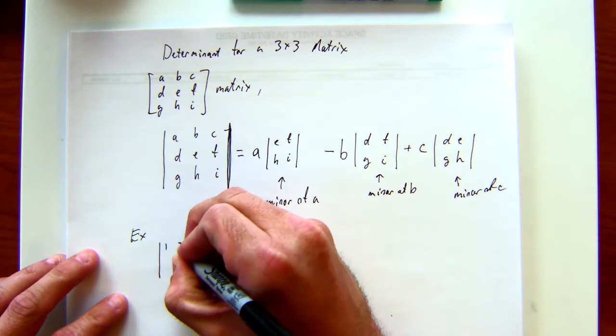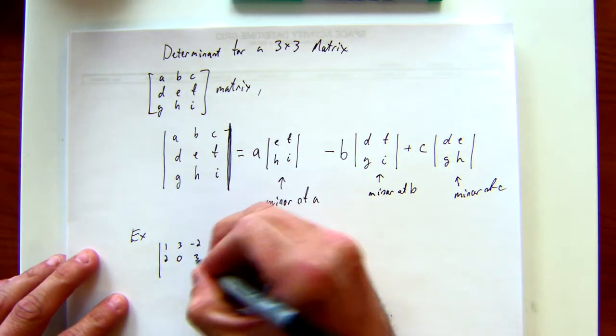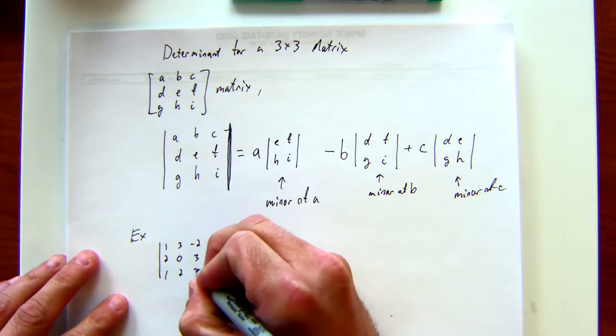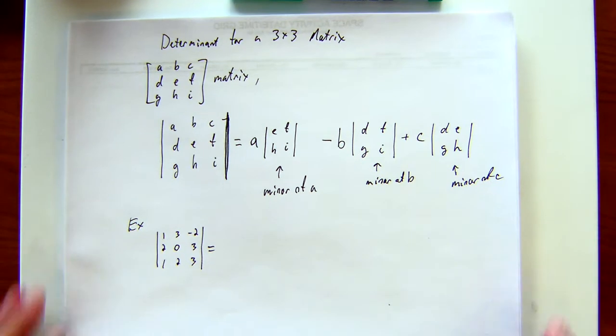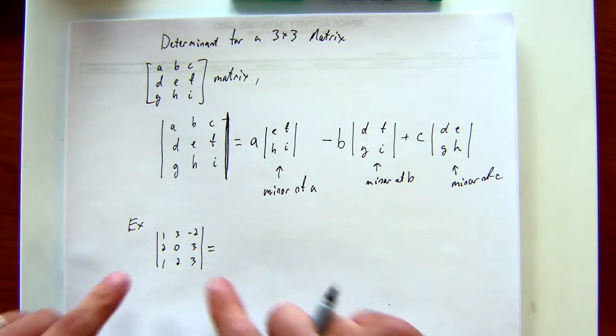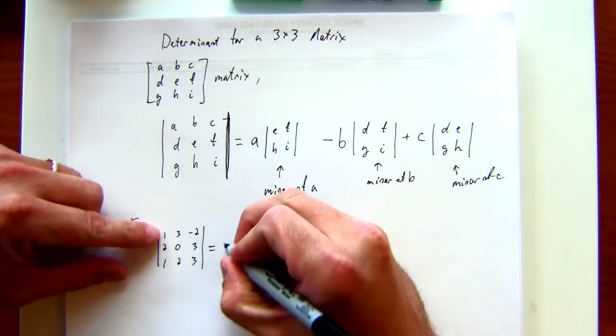Determinant of 1, 3, negative 2, 2, 0, 3, 1, 2, 3. So we want to take the determinant of this 3 by 3 matrix. So I'll just start right here. So this is a 1.